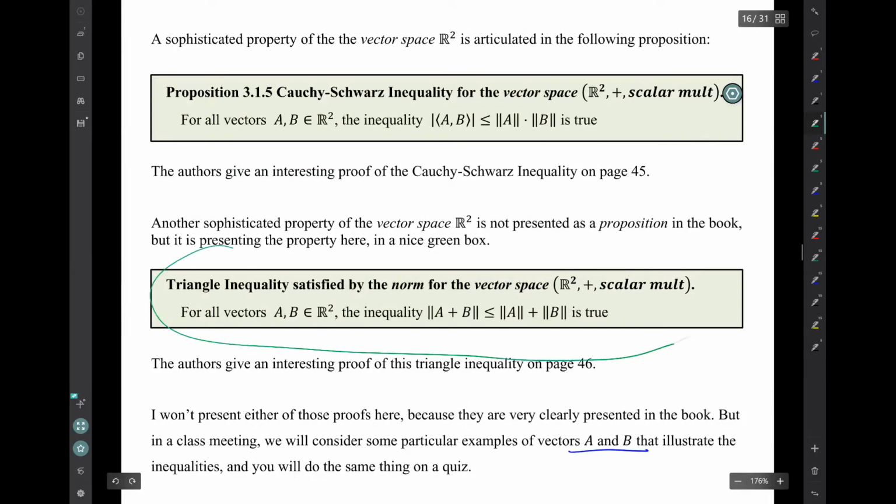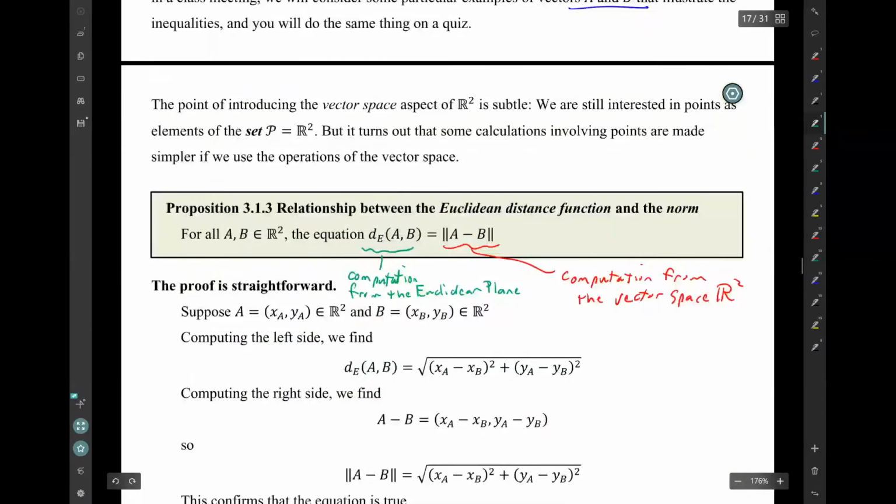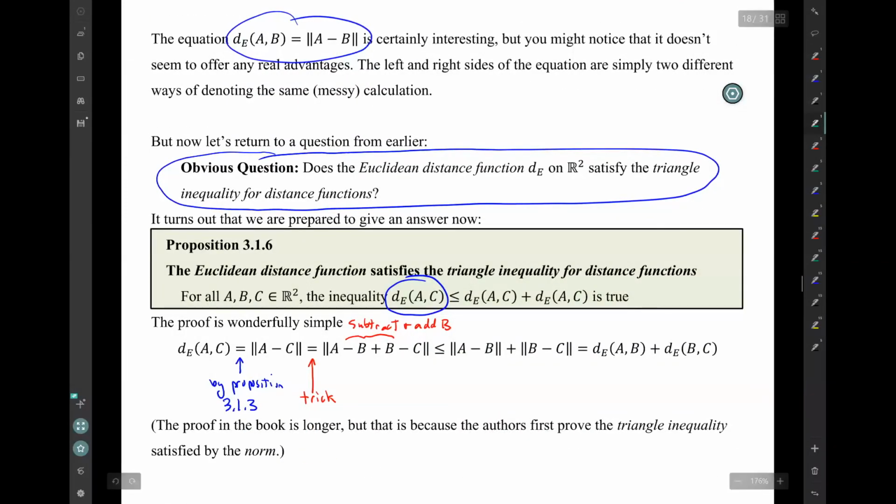Remember, I said that this was not articulated as a proposition in the book, but it is proven in the book, and I'll show you where it's proven. It's actually proven in the book's proposition 3.1.6 proof. So here we're using the fact that the norm satisfies the triangle inequality. And then here we go back to using distance function notation. So we use proposition 3.1.3 again.